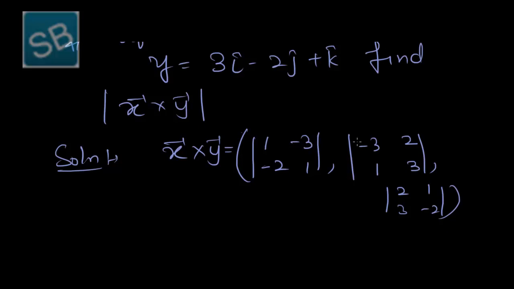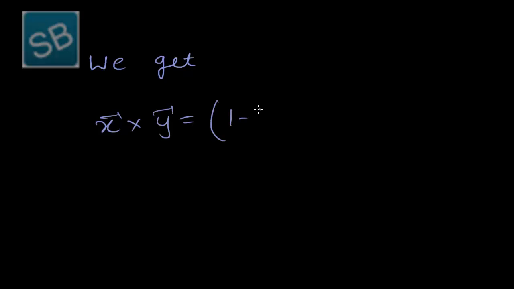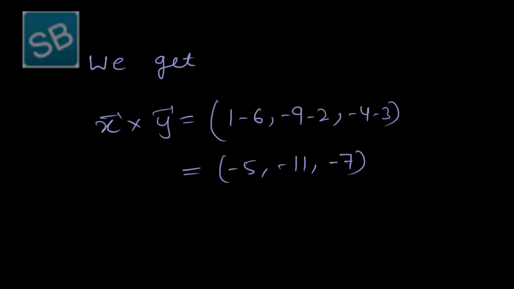So on solving this, we get x cross y is equal to 1 minus 6, minus 9 minus 2, minus 4 minus 3, that is minus 5, minus 11 and minus 7.